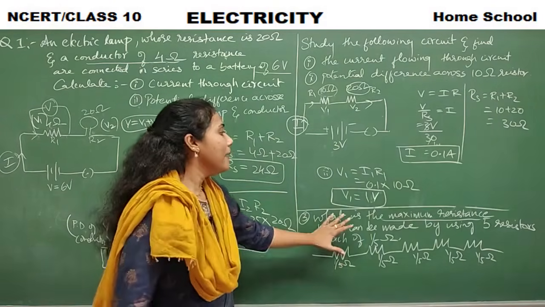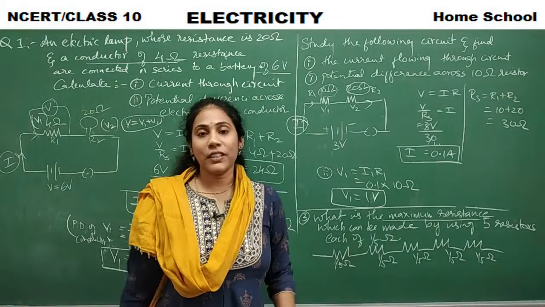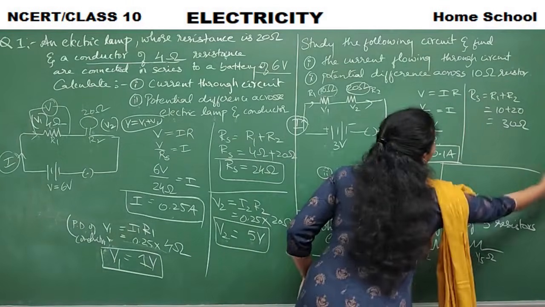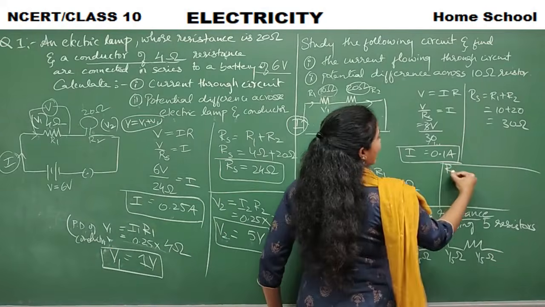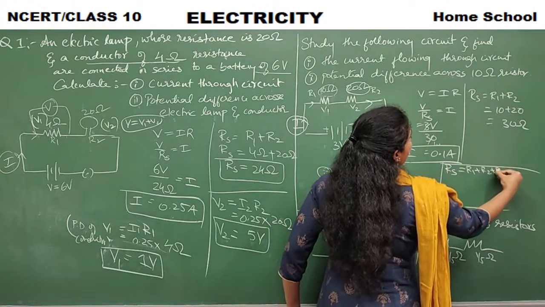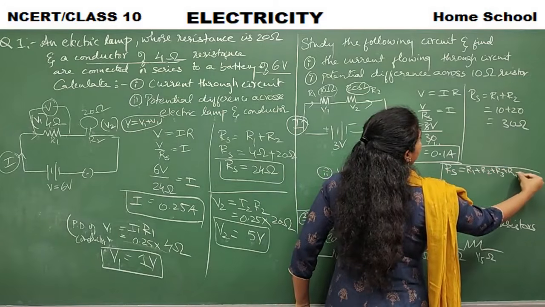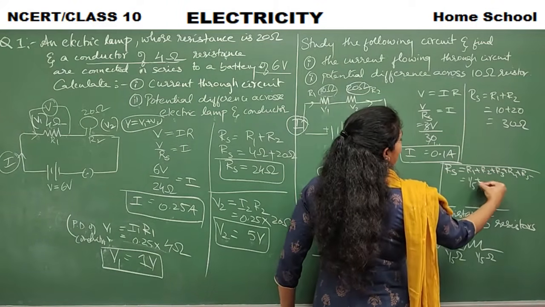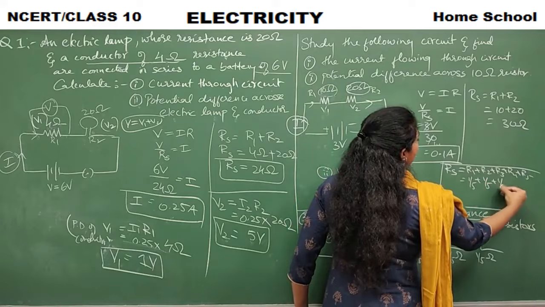What they are asking? Maximum resistance in a circuit. That is total resistance. Right? So here I am giving a solution here. So what is total resistance? RS is equal to R1 plus R2 plus R3 plus R4 plus R5. Right? So R1 is what? 1 by 5 plus 1 by 5 plus 1 by 5.